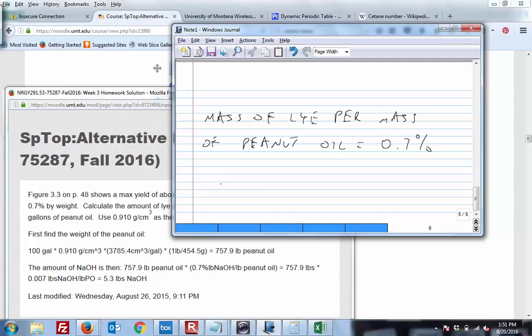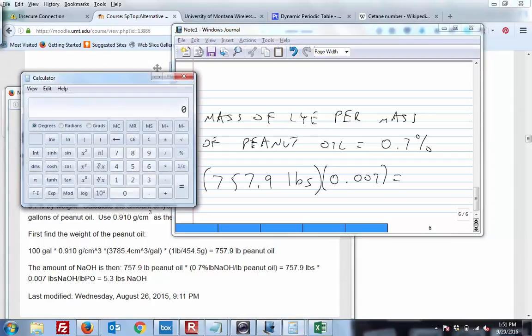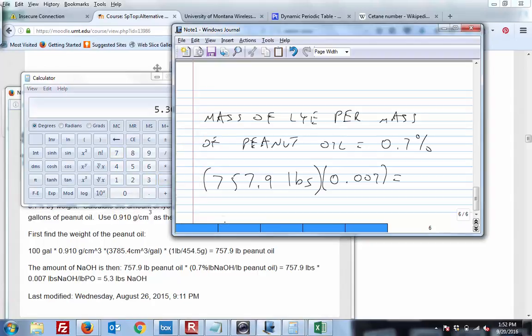From there, really all we're doing is taking 757.9 pounds and multiplying that by 0.007 equals... 757.9 times 0.007 equals 5.3. That's all the question was asking.